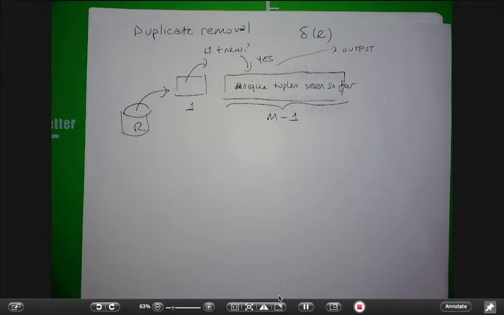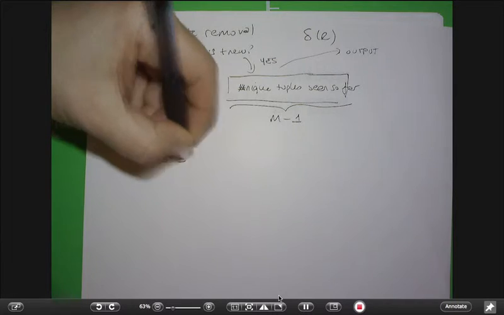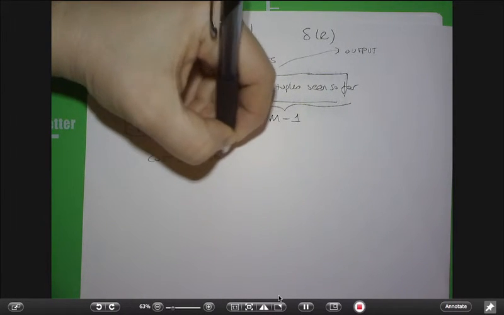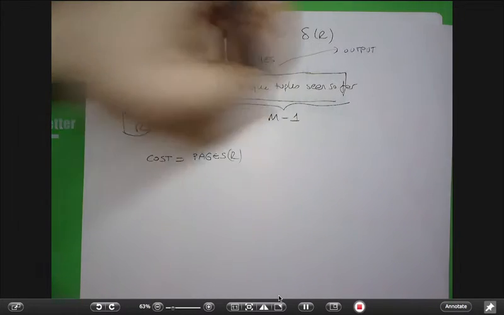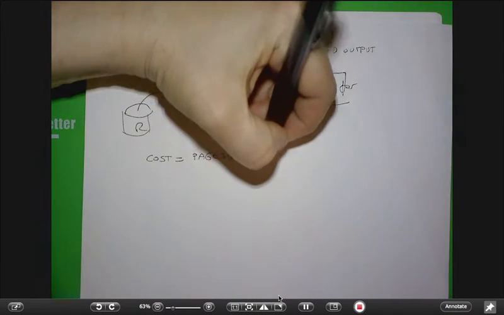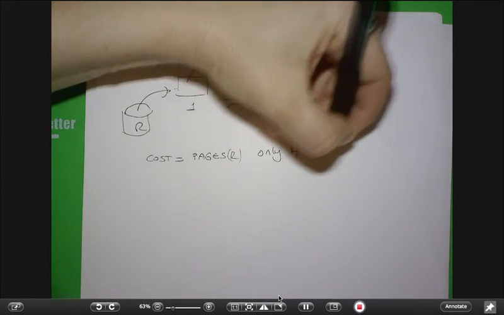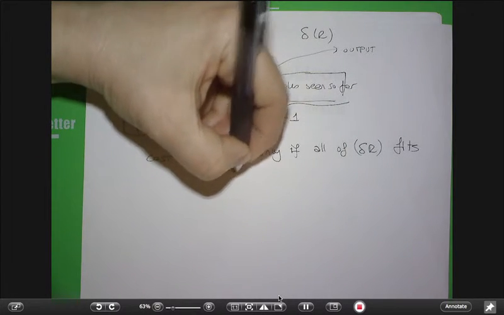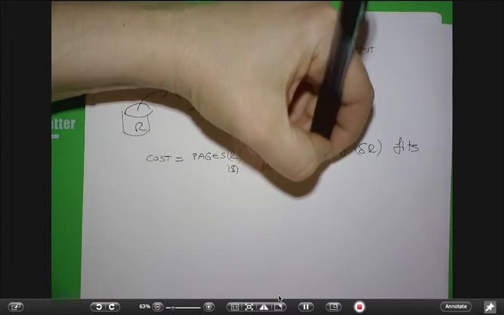So what is the cost of this operation? Pages of R, but only if, after you remove duplicates, all of delta R fits in M-1 blocks.